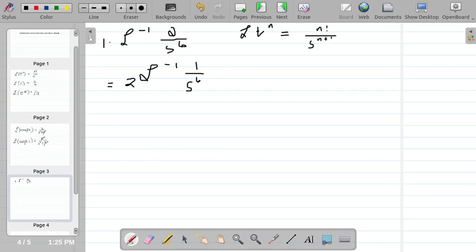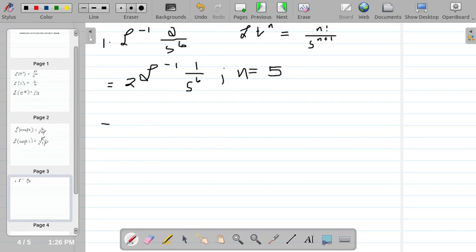In this equation, 6 is equal to n plus 1, so we need to find the value of n. N is just 6 minus 1, so n is equal to 5.